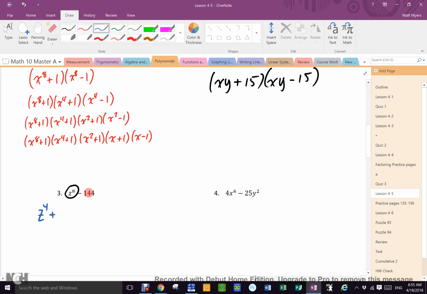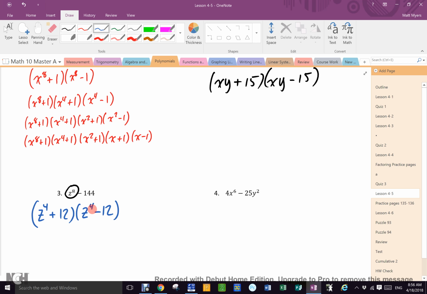What's the square root of 144? 12. And then what's it going to be? Now, some of you will look at that and see squared and minus, so I've got to keep going. Can I keep going? There's no square root of 12, so I have to stop.